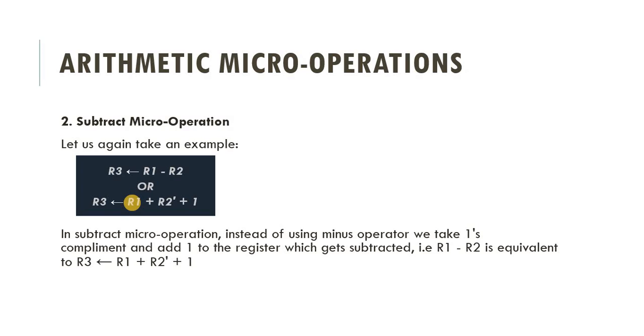In the subtract micro operation, instead of using the minus operator, we take the one's complement and add 1 to the register which gets subtracted. So R1 minus R2 is equivalent to R1 plus R2's complement plus 1, then the replacement operator, and the result of this operation is transferred into register R3.